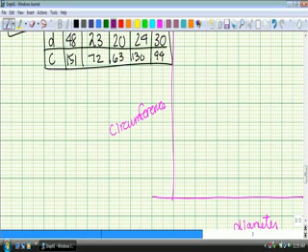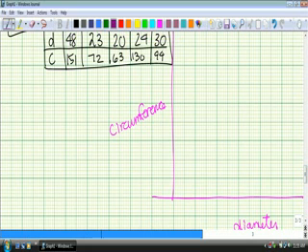Alright, now I need to come up with some scales. Now, my diameter goes from, what's my smallest number in my diameter? 20. What's my largest? 48. Okay, so I have to start with at least 20 and have to go to at least 48. Now, what do you want to count by? Twos?